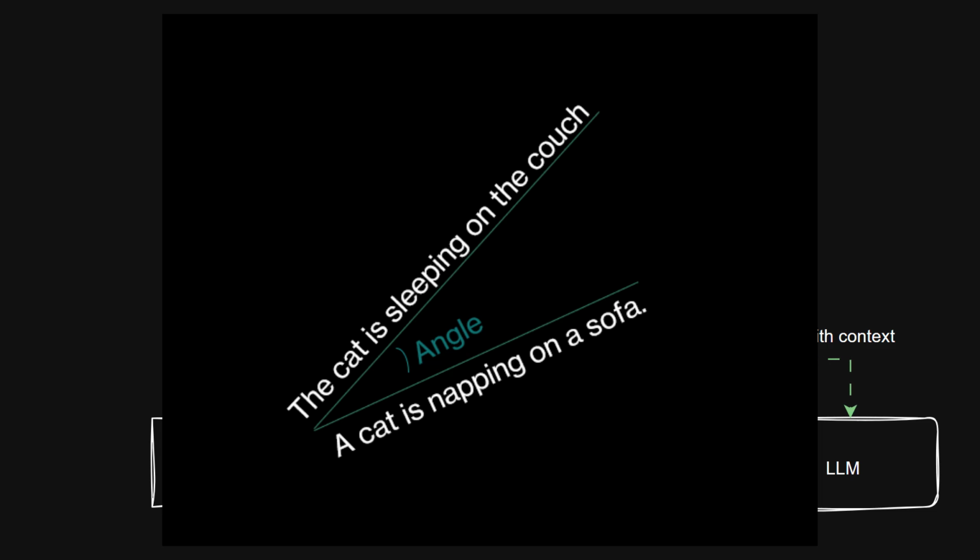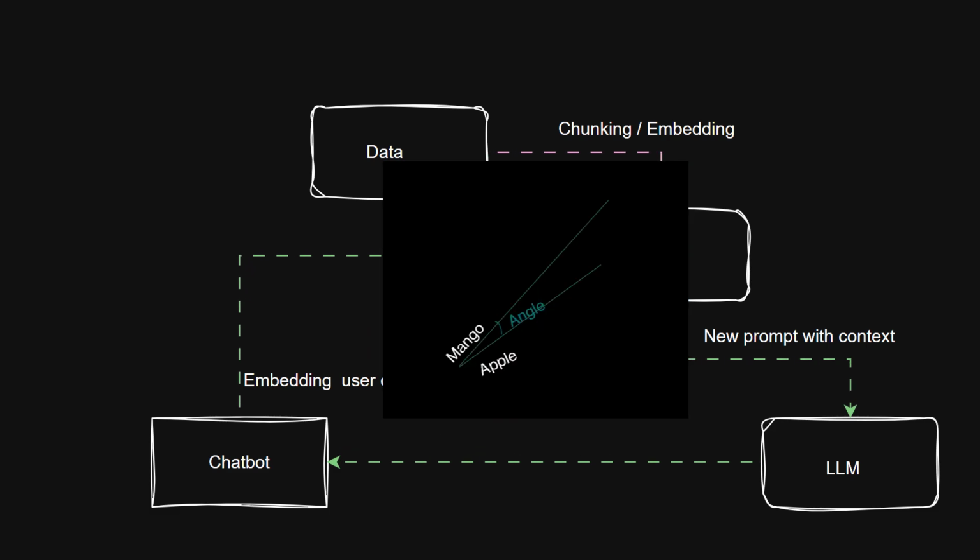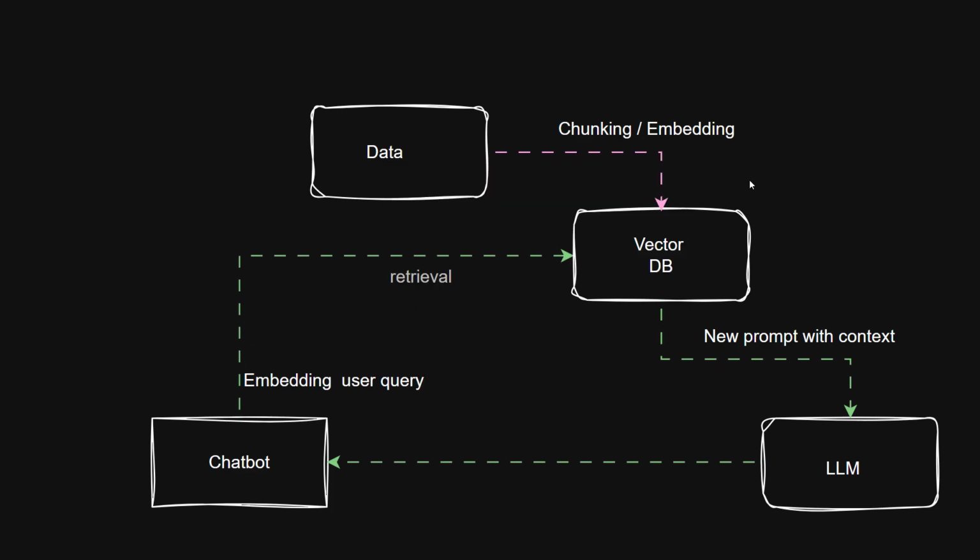So two vectors' magnitudes can be different, but if their angle is small, they are nearer to each other. For example, mango and apple are both fruit, and they will be near to each other in cosine similarity.